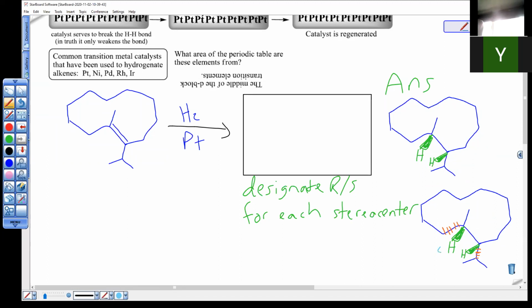A 4 for an H. 1 for a branched carbon. A 2 for a carbon that goes to another carbon. And a 3 for a carbon that has no more carbons. And when I connect 1, 2, and 3 right now, the answer is wrong. How do I know that? Well, because the number 4 group's on a wedge. That's just as good as being on a dash. 1, 2, 3 in the wrong way is R, so this one is definitely S.